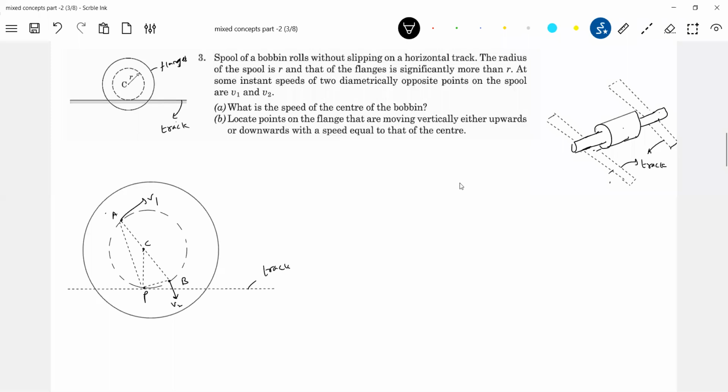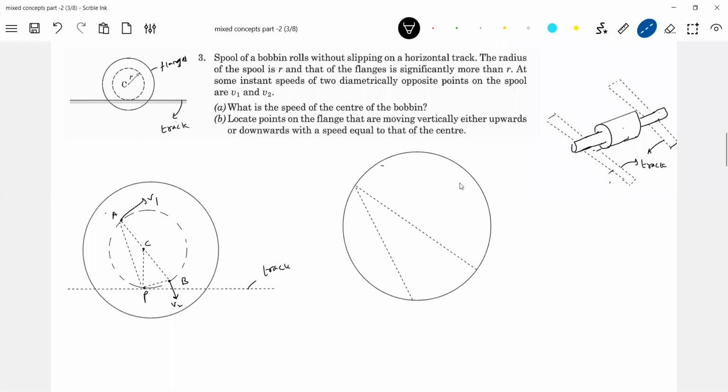This triangle is something very important.